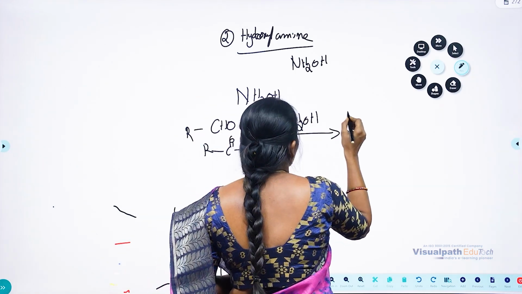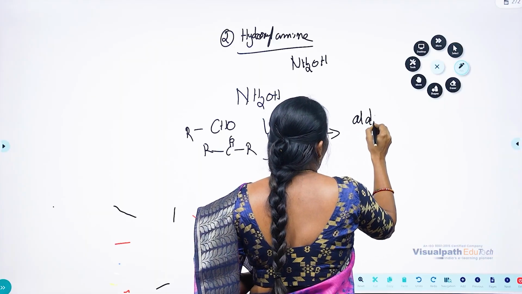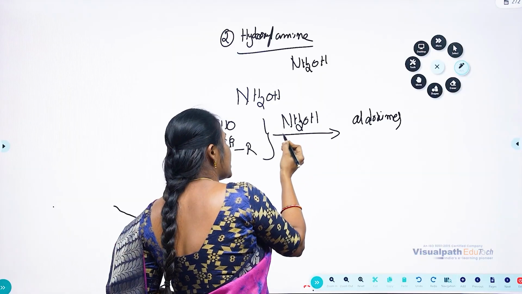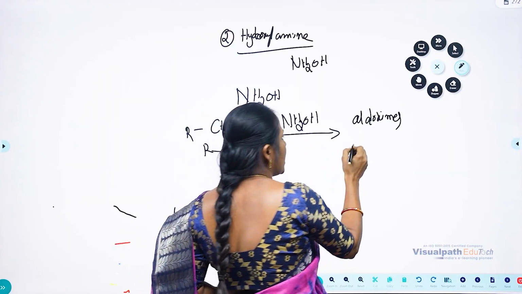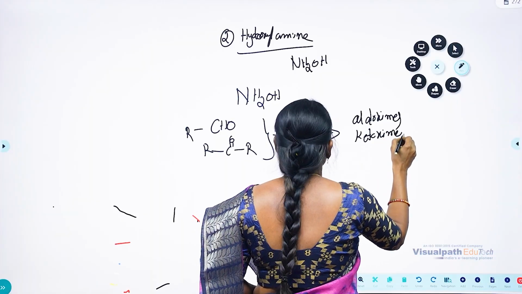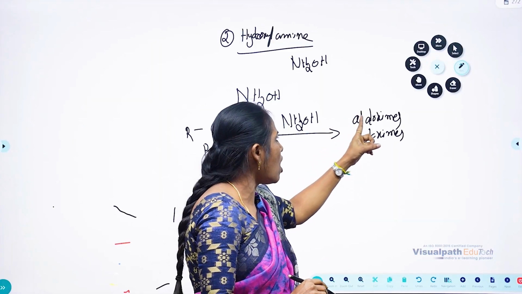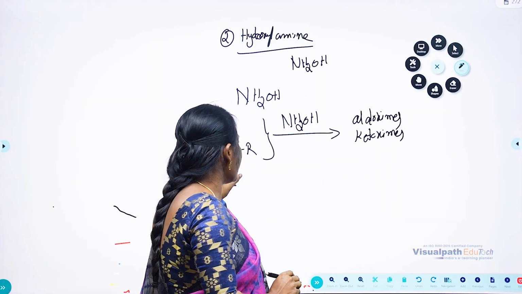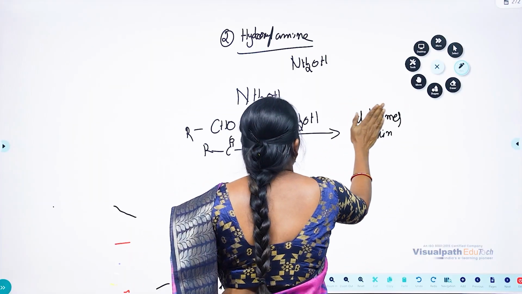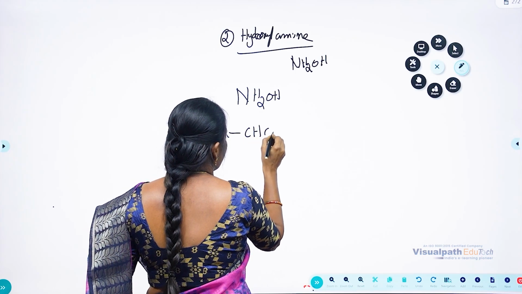When it reacts with aldehydes, it forms aldoximes. And when hydroxylamine reacts with ketones, it forms ketoximes. Okay, aldehydes react with hydroxylamine to form aldoximes, and ketones react to form ketoximes. So here see one example, we take an aldehyde.